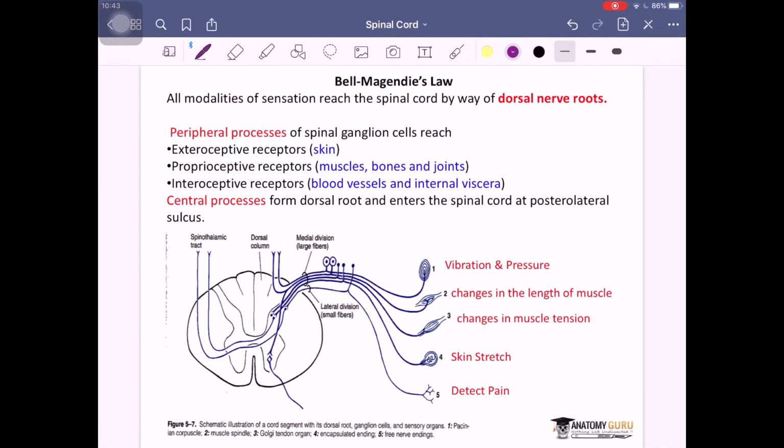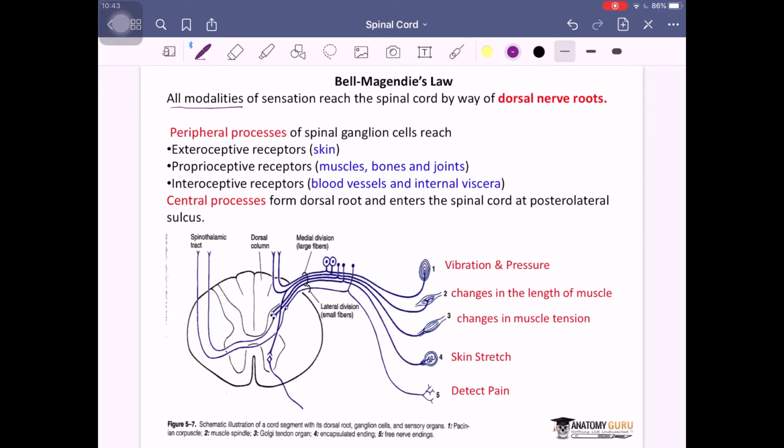Now the Bell-Magendie law, this is important for physiology students, because they have asked this, and for anatomy students also. We are learning about the first station, the dorsal root ganglion. We know the ganglion, but we have to know how the information passes there. The law says that all the modalities reach the spinal cord by way of the dorsal nerve root. What do we mean by modalities?